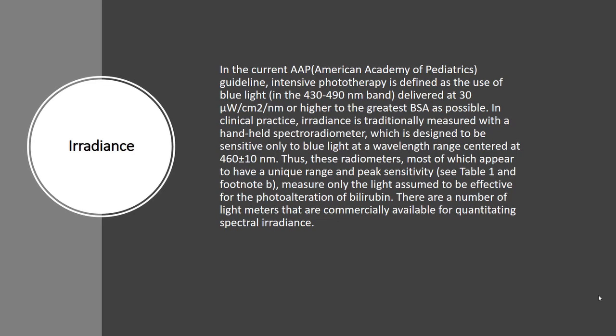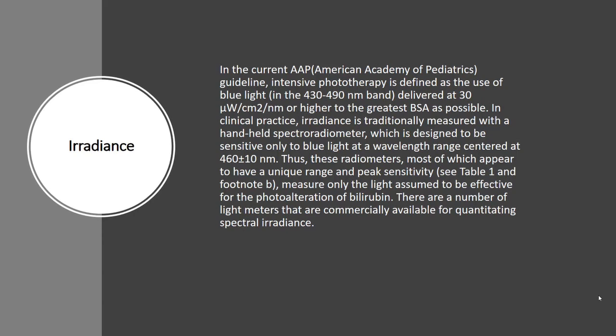Irradiance. In the current American Academy of Pediatrics guideline, intensive phototherapy is defined as the use of blue light in the 430 to 490 nanometer band delivered at 30 microwatts per centimeter squared per nanometer or higher to the greatest BSA as possible.